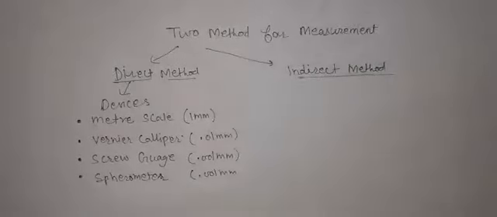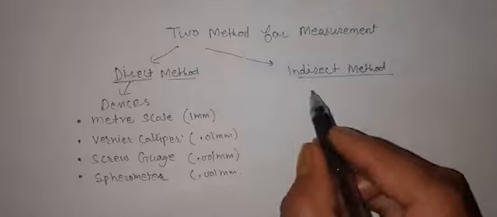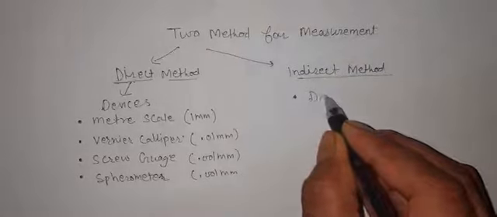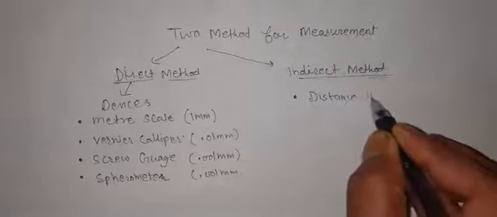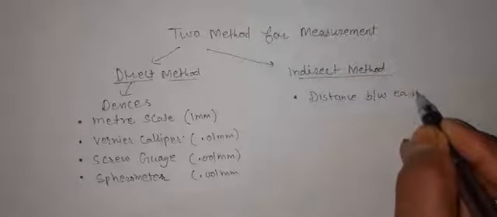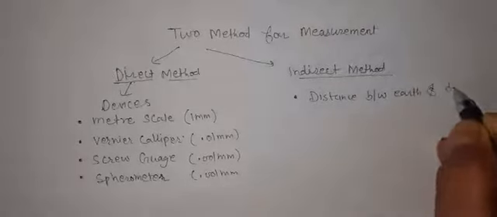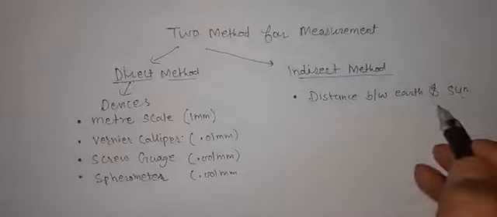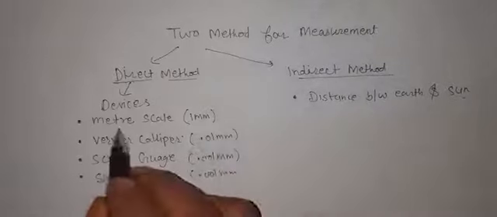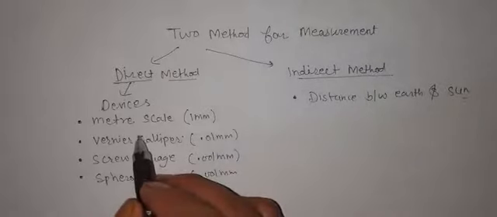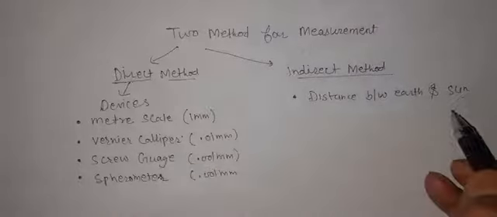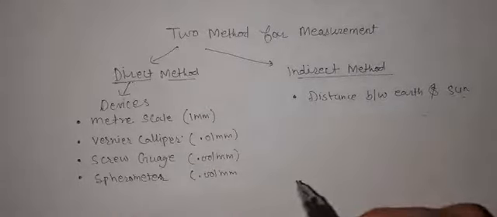In the indirect method, students, for example, consider the distance between the earth and the sun. How will you find this distance? Will you use the meter scale? Do we have a meter scale long enough to measure the distance between the sun and the earth?